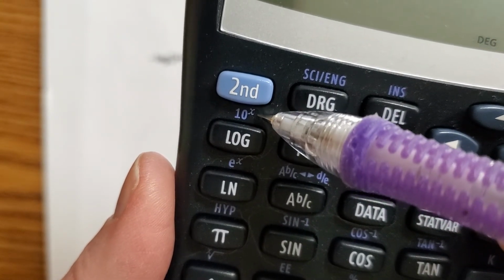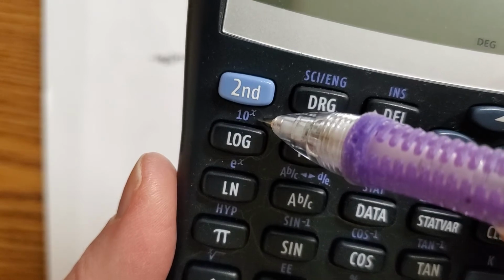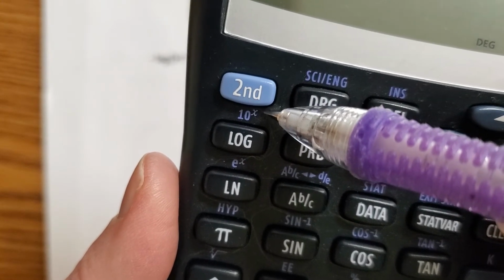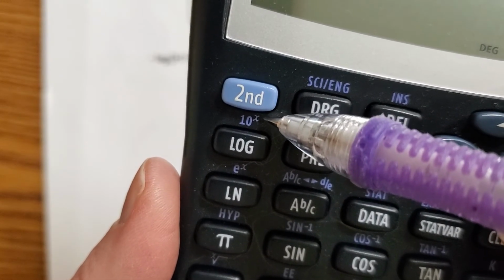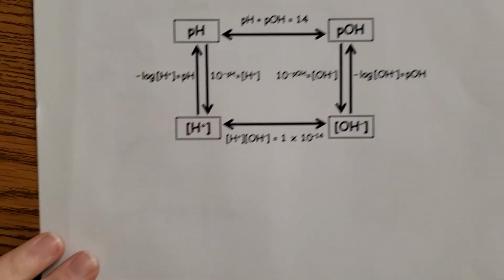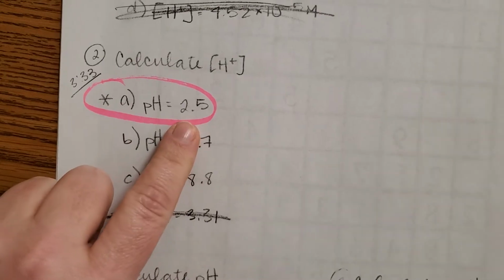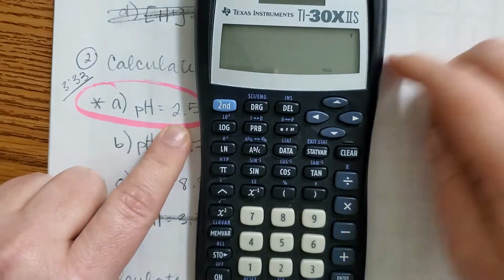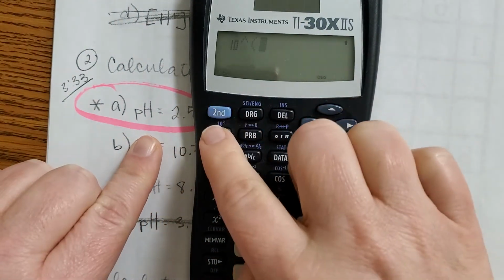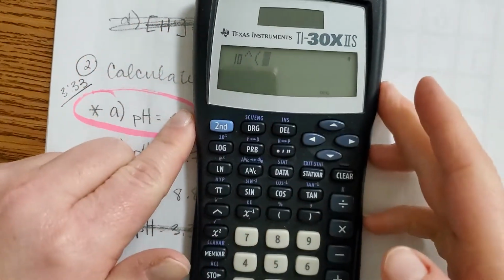So above the log button is the inverse log, and it's 10 to x, x meaning that's the part you put in. So if I want to do the inverse log, I'm just going to hit second log, and see what it opens here?